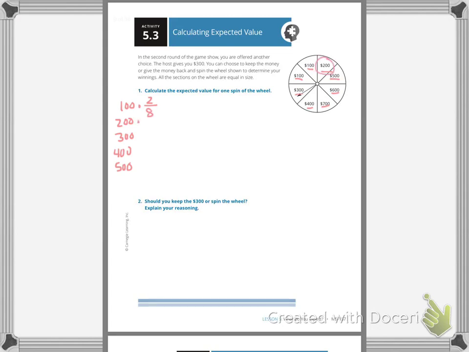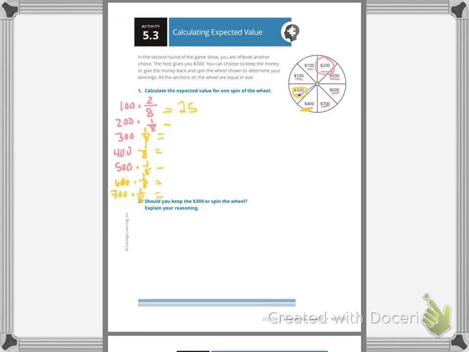Okay, 200 appears one time. 300 appears one time. 400 appears one time. 500 appears one time. 600 and 700 both appear one time. Oops, not equal signs, I want multiplication. We multiply by that percentage or that decimal that we have. Okay, and then once we multiply all of them, we add them. And we're adding because we are gaining money each time. If it would have said we lost money, we would subtract.